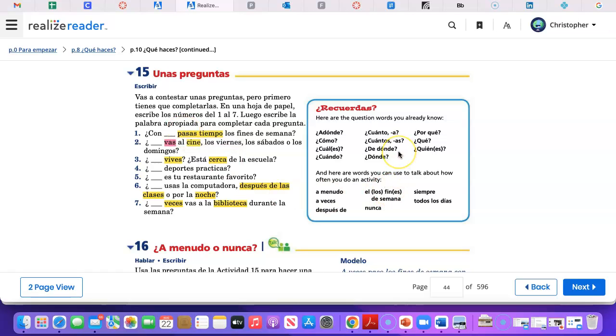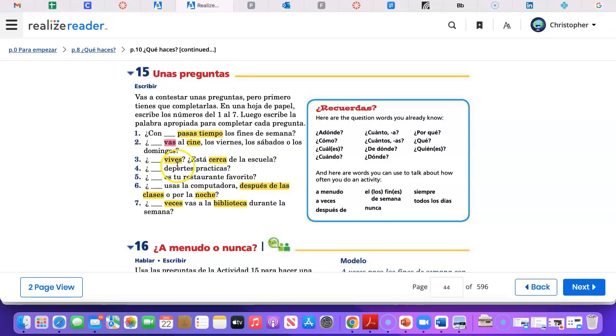Some interrogatives have more explicit context clues than others, and I think cuándo certainly does because it's referring to time, right? So that's number 2. ¿Cuándo vas al cine? When do you go to the movies? Number 3. Blank vives?